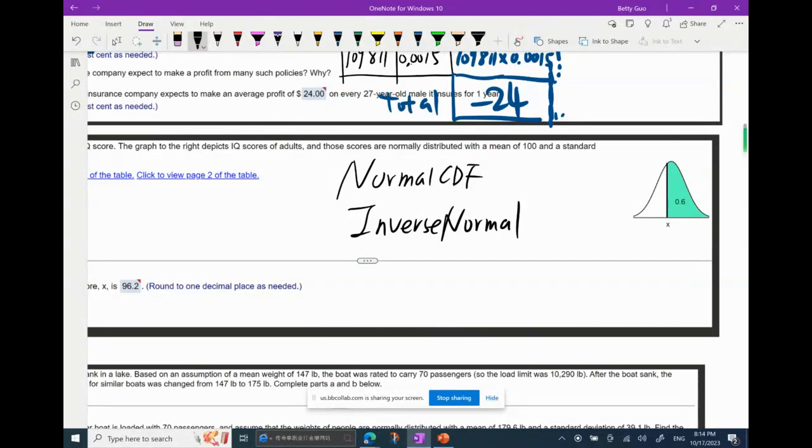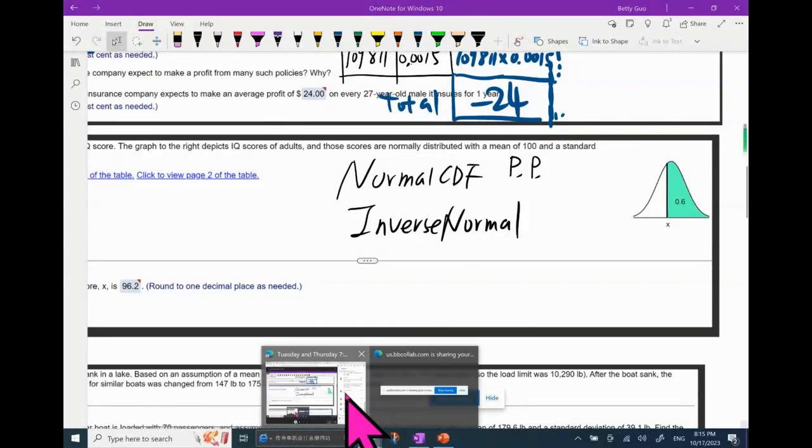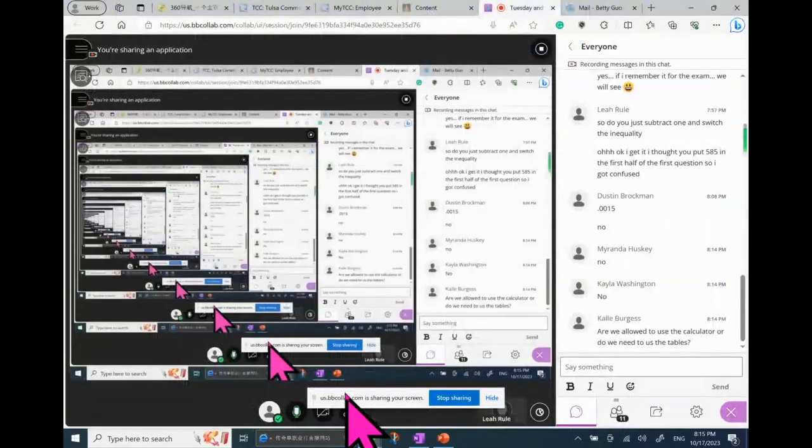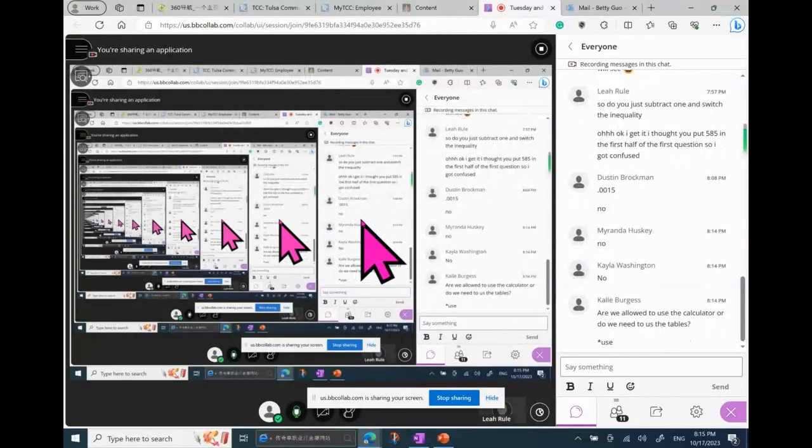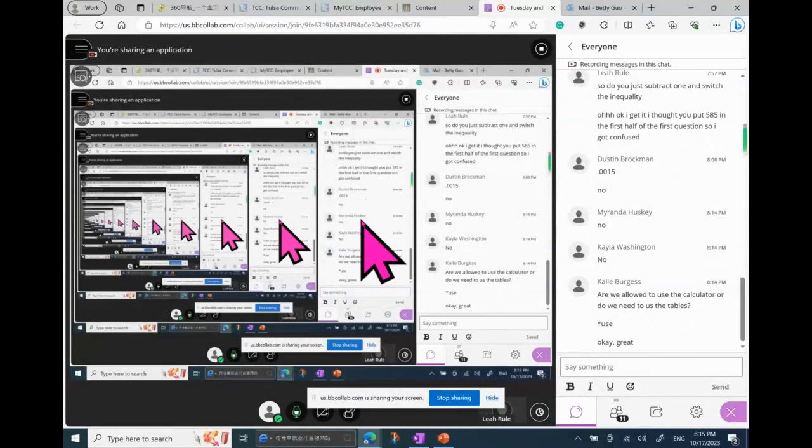When we need to find a probability, percentage, frequency, or area, are we allowed to use the calculator, or do we need to use the table? You are allowed to use a calculator, Kelly. You are encouraged to use the TI-84 calculator.